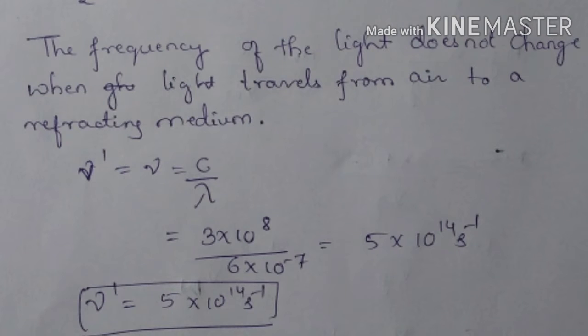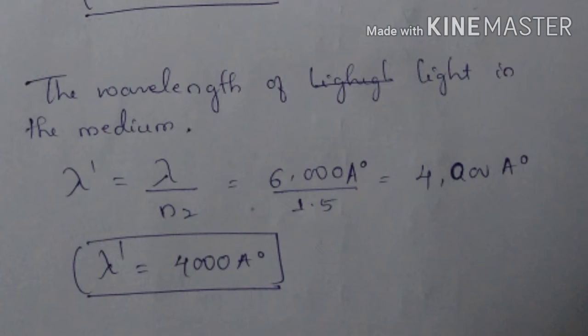Meters cancel, leaving per second. Solving this, we get 5 into 10 power 14 per second. So the frequency of light is 5 into 10 power 14 per second.